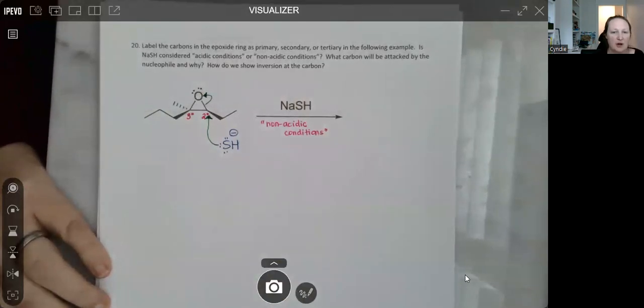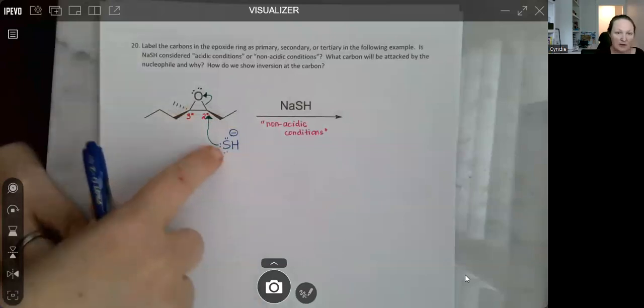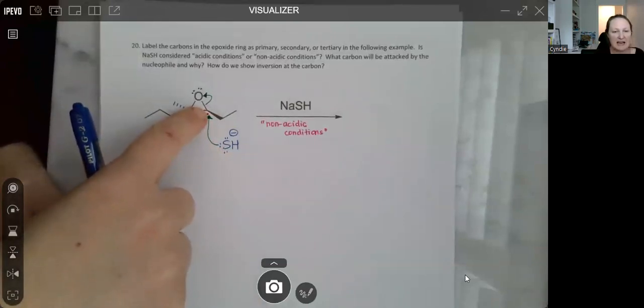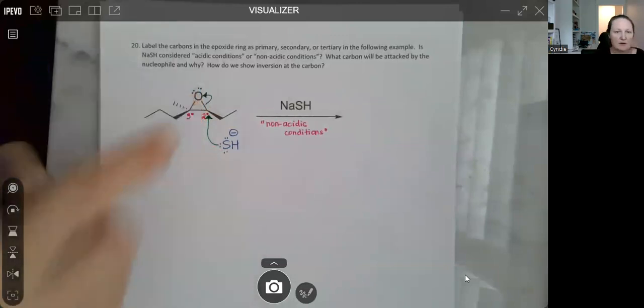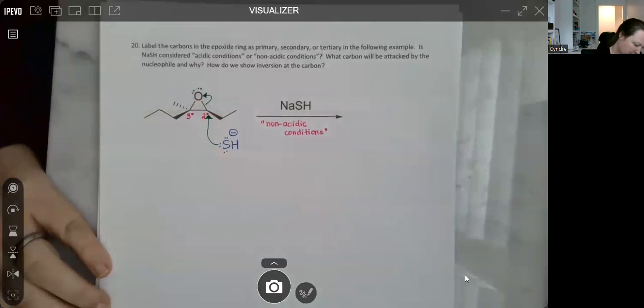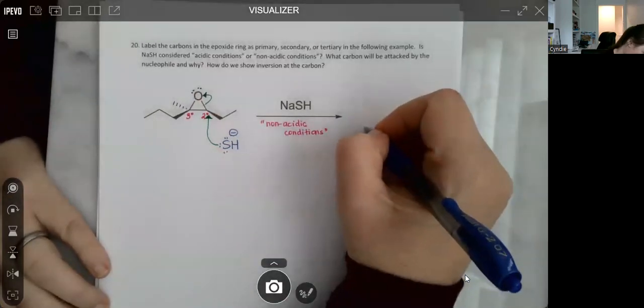And then to show the inversion, this is always tricky for students, but we want to actually not change the dashes and wedges, because showing the nucleophile attached opposite the leaving group has already shown the inversion process at that carbon.